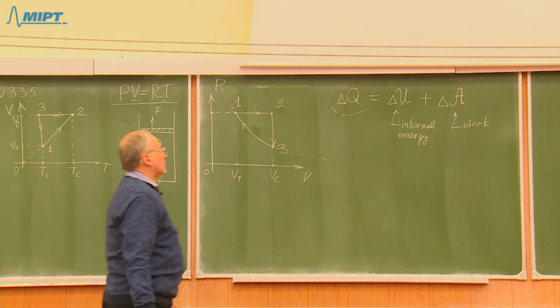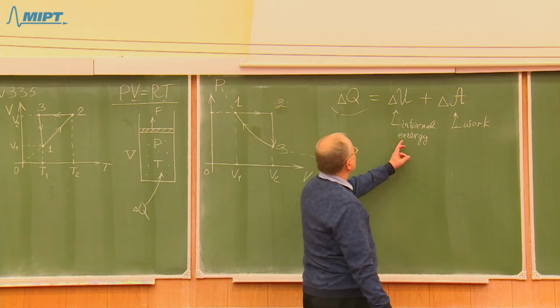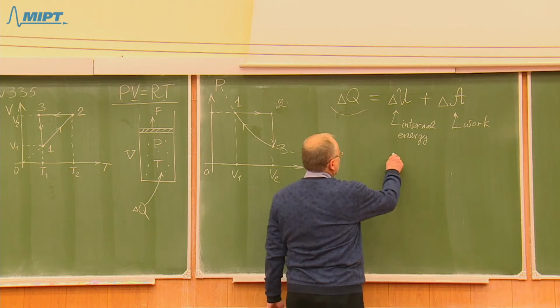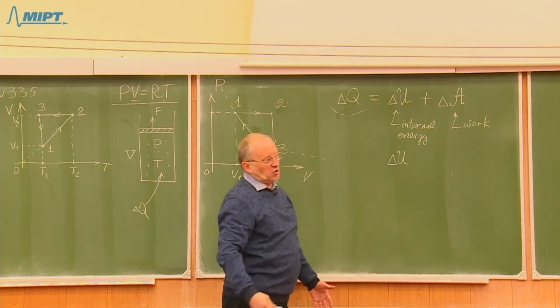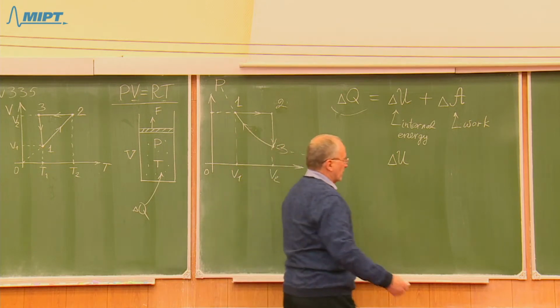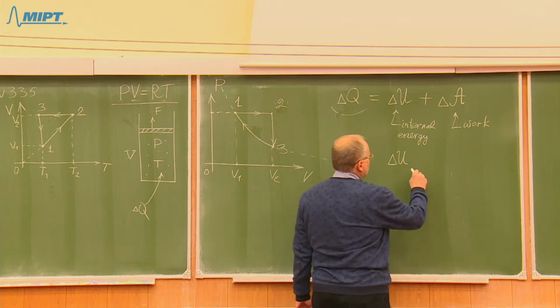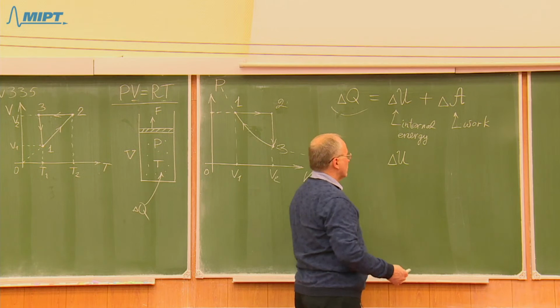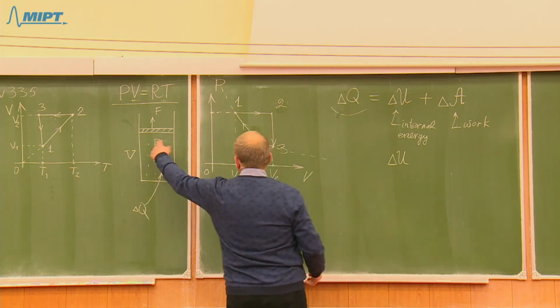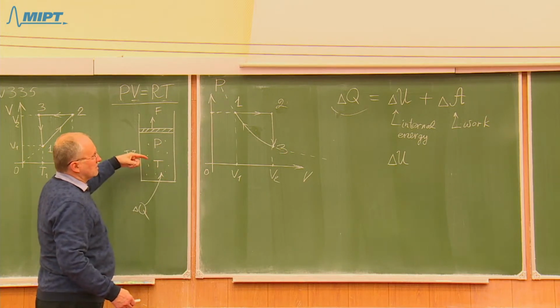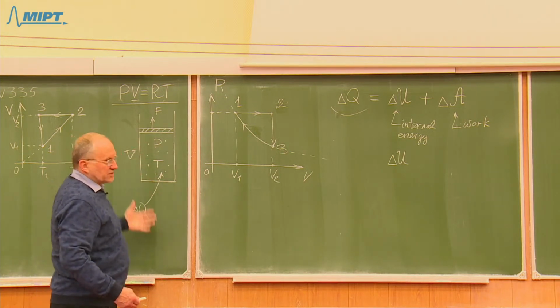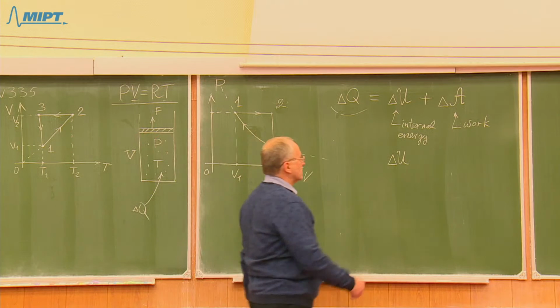Well, what about the change in internal energy? It's intuitively obvious that the internal energy should be proportional to temperature. If the internal energy changes, it means that molecules start moving faster, and it means the temperature has increased.